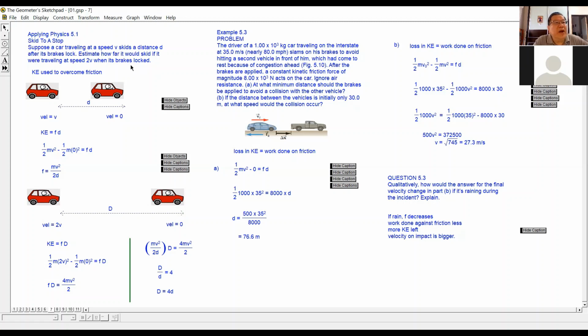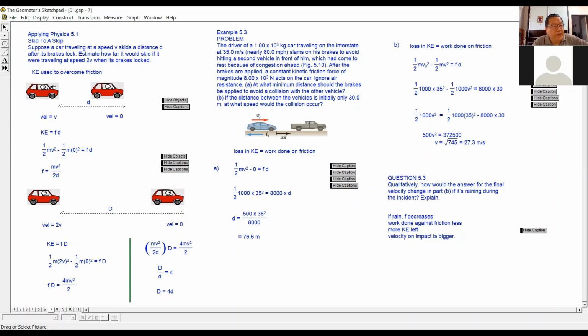Here they say brake lock, that means it's skidding, so there's no work done against the brake. It's entirely the work done against the friction of the road. The tire rubs against the road and it will come to a stop after a distance of small d. So that is the question.